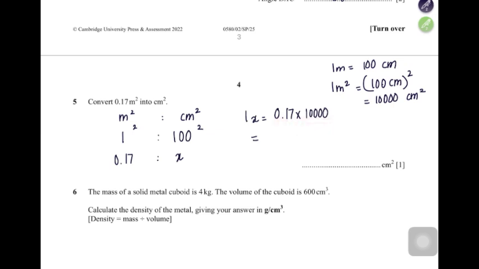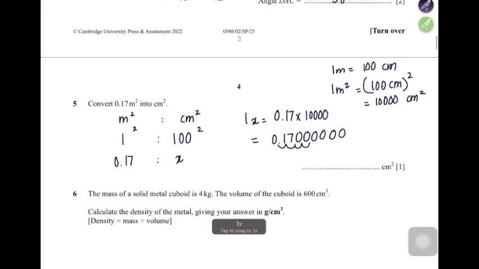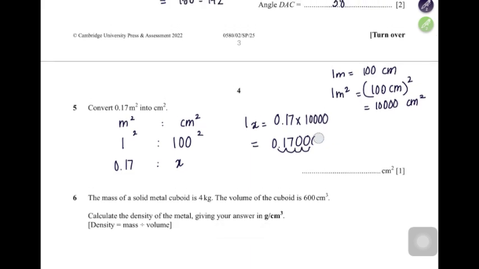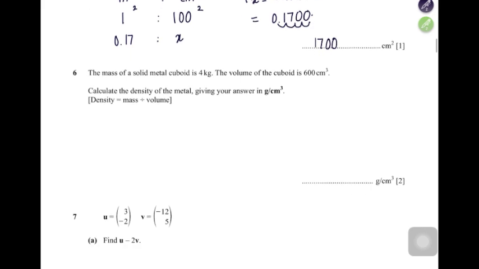So let's do it at 0.17, and then I like to add a lot of zeros. That's how I like to do it. Then we have 1, 2, 3, 4, so move it 1, 2, 3, 4. Then we can remove the extra zeros. This is how I like to do it, and it helps. So 1700 centimeter squared.